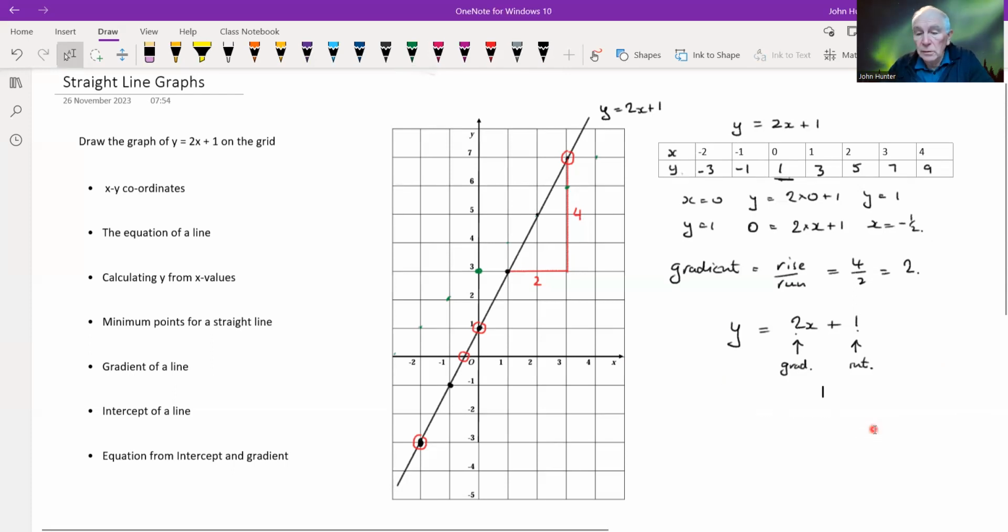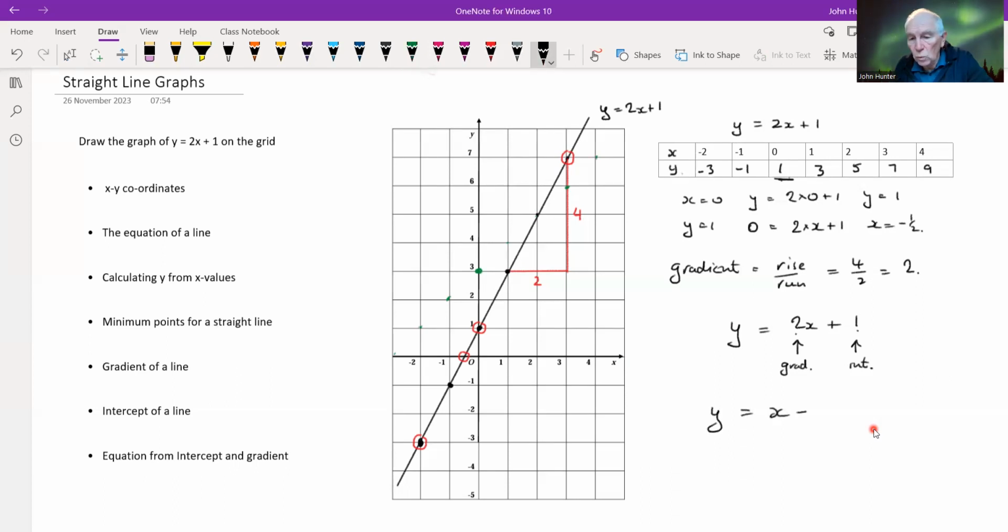We could look at anything at all, can't we? So if we look at the line y equals x minus 1, let's say that's 1x, just so it gets in our mind that the gradient is equal to 1, and the intercept is minus 1.